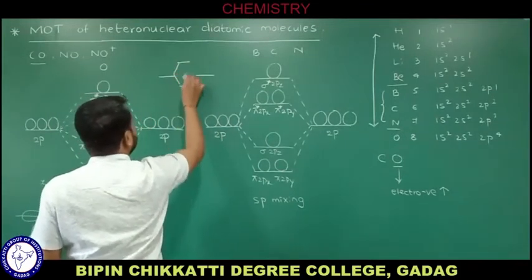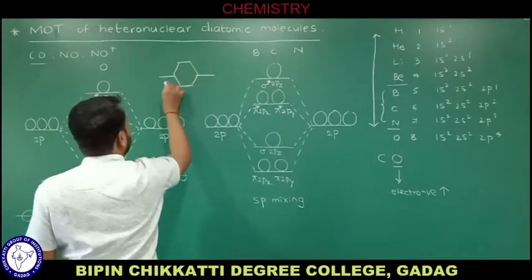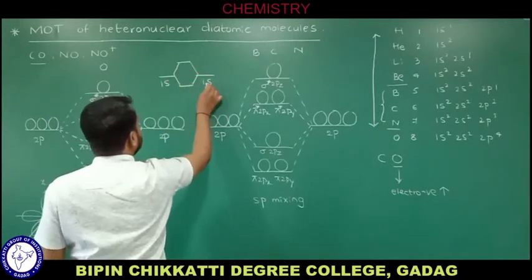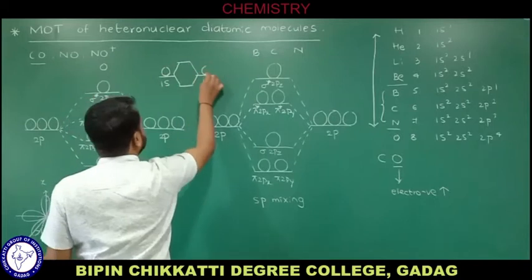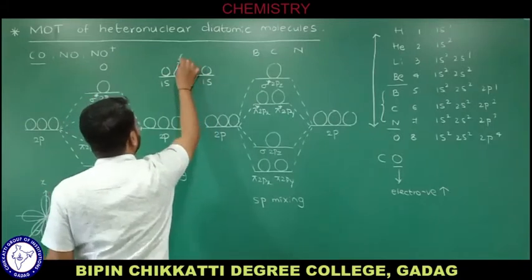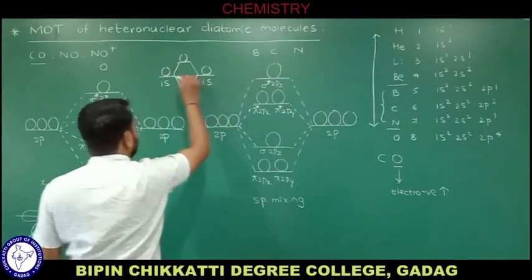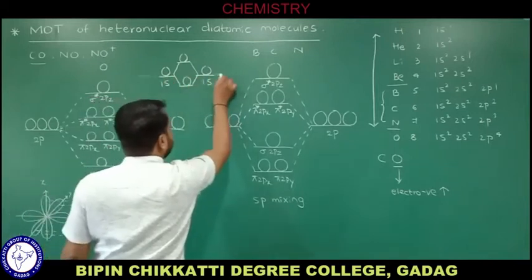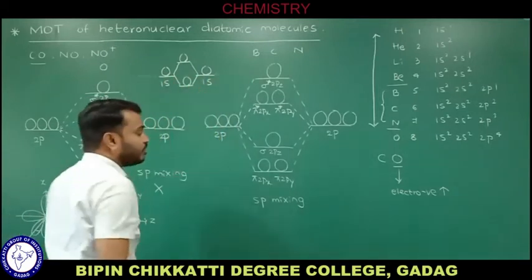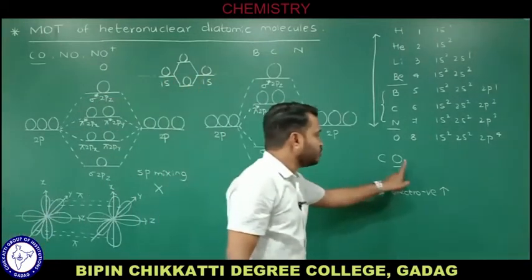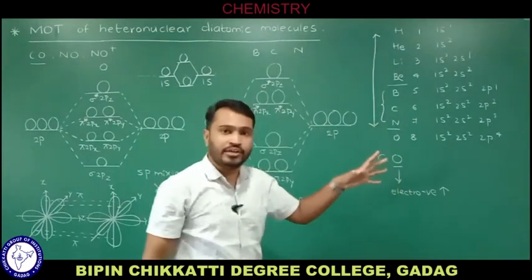Let us assume this is the energy level diagram of 1s and 1s. We draw atomic orbitals and we draw molecular orbitals. Atomic orbitals will be of same energy. See here, the energy level is the same in case of homonuclear, whereas in case of carbon and oxygen, oxygen is more electronegative.